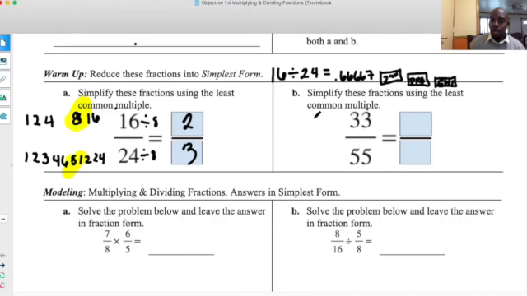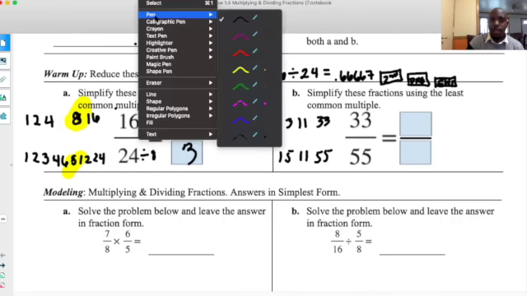Same thing if I go to B and I say, okay, let me write out the multiples of 33, right? 1 and 33, 3 and 11. And I go down here, 1 and 55, and then 5 and 11. I see that they both have 11 as their greatest common factor.